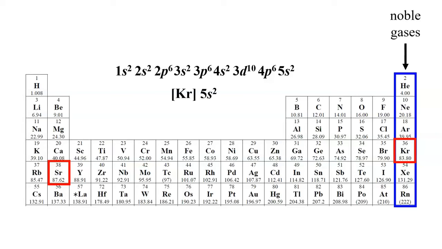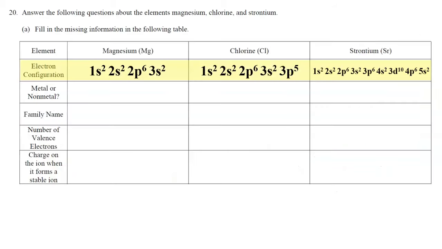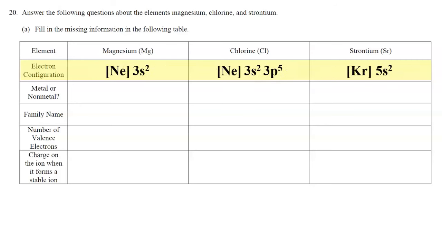So there is the complete and the noble gas abbreviated electron configuration for the element strontium. So again, your answer to number 20, part A, could look like this, the complete electron configuration, or you could choose to write the noble gas abbreviated version, and that would also be correct.